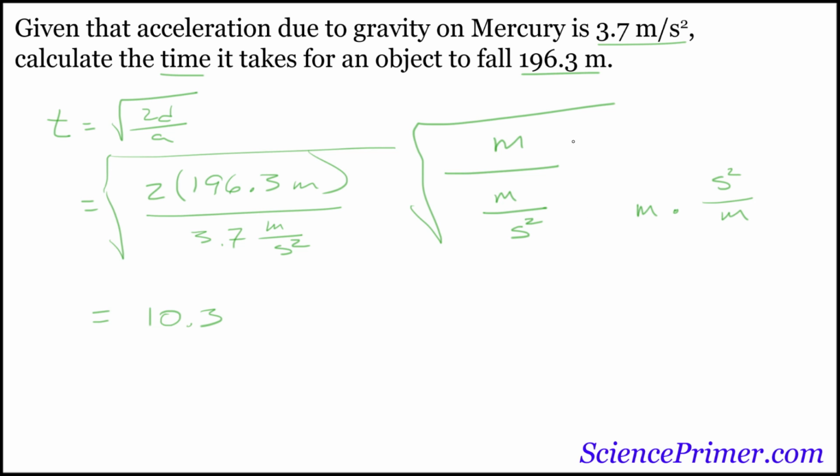We just flip this around to get it out of the denominator, and in this format the meters cancel and we end up with seconds squared. We end up with the square root of seconds squared, and the square root of something that's squared equals itself. So we end up with the units of seconds. So the answer to this problem is 10.3 seconds. We were asked to find time, we ended up with seconds, so we can be fairly confident that this is the correct answer.